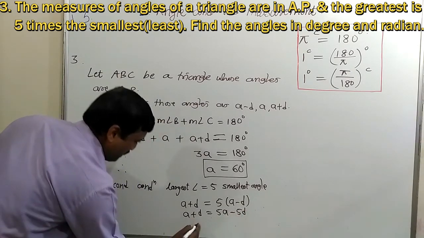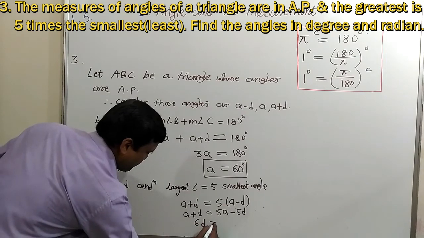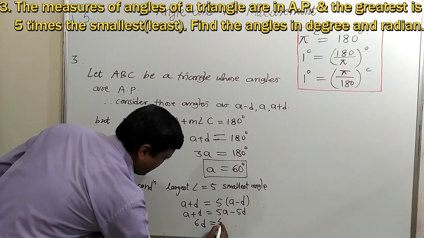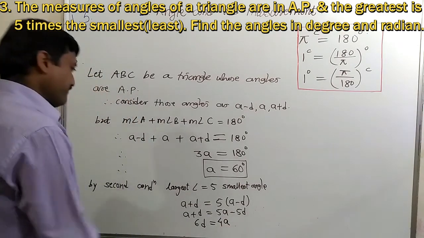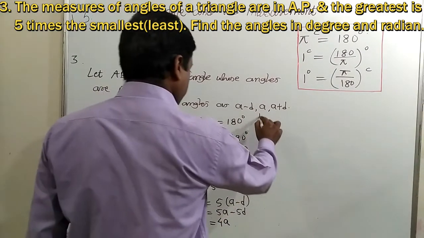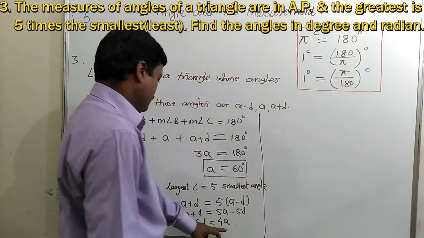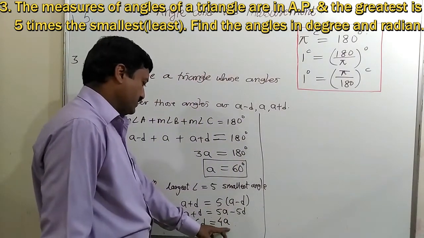Taking this 5d to the left, we get 6d is equal to, taking a to the right, 5a minus a, that is 4a. Therefore, put value of a equal to 60 here.